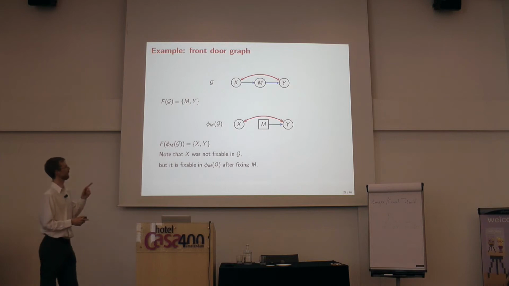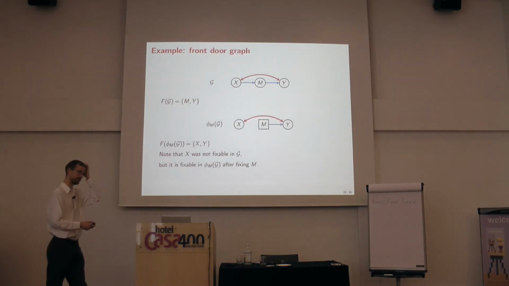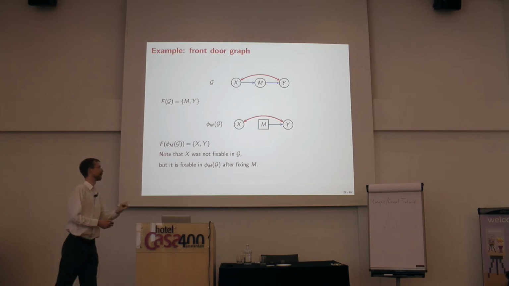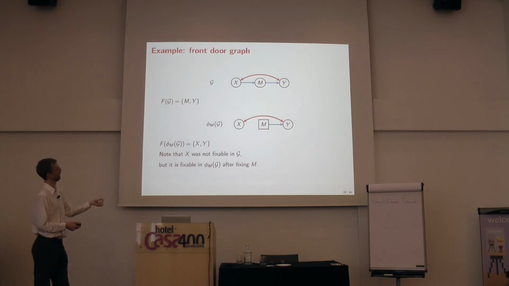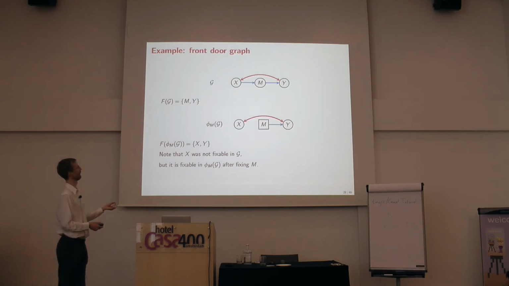Now notice something interesting: in the original graph, X was not fixable, but after I fixed M, in this new graph X becomes fixable. So after I fix M, I'm able to fix X, but before I fixed M, I can't fix X.